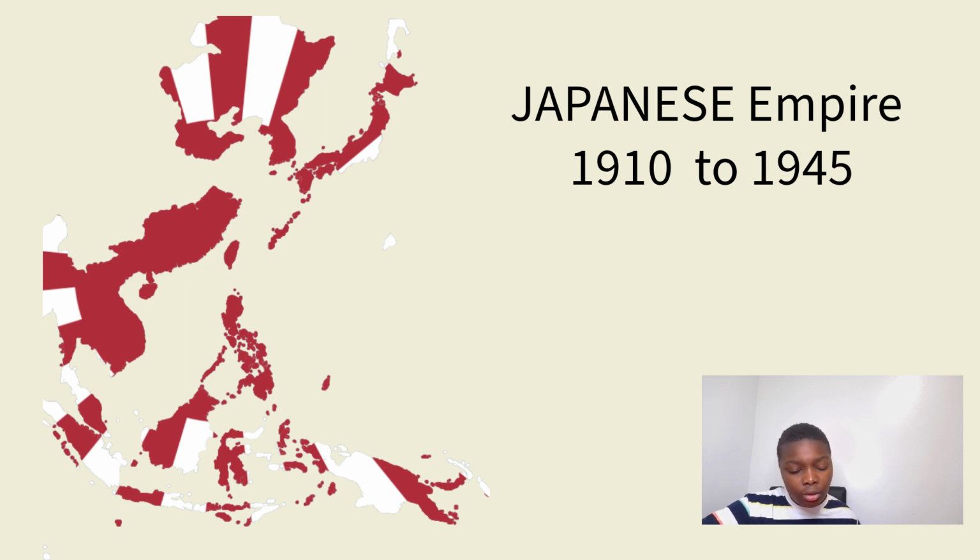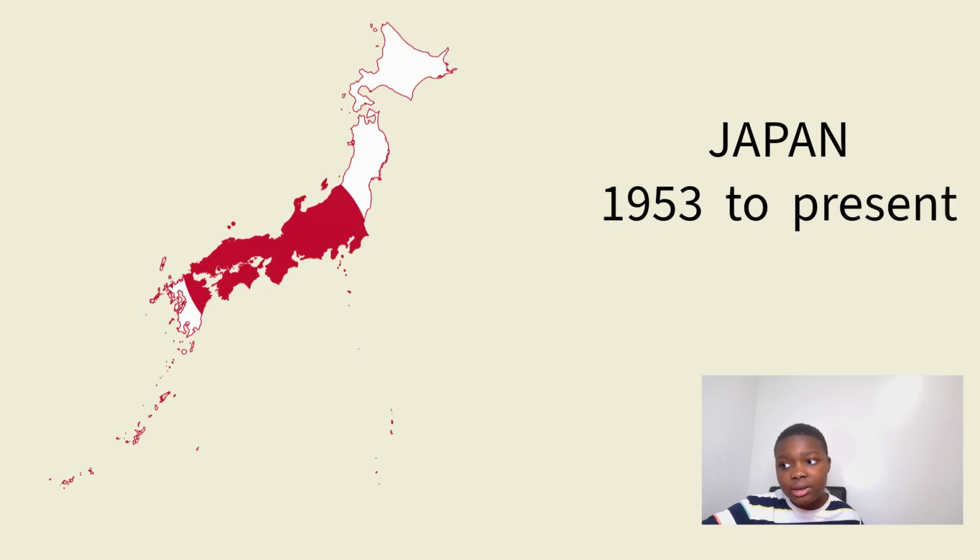So the United States owned Japan from 1945 all the way to 1953. In 1953, Japan got its current flag. Then they landed on this flag forever. Not forever, for now. They might change it in the future. We don't know.